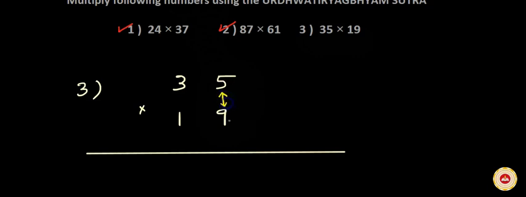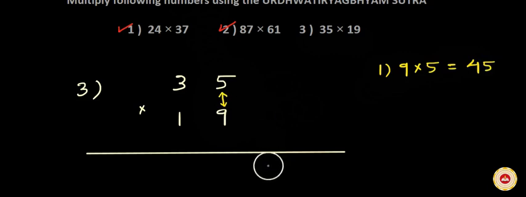See, single column multiplying vertically, two columns multiplying crosswise. So let us consider the first column and multiply the digits in the first column vertically. So step number 1 is 9 multiplied by 5. 9 5s are 45. Write 45 in the right part.